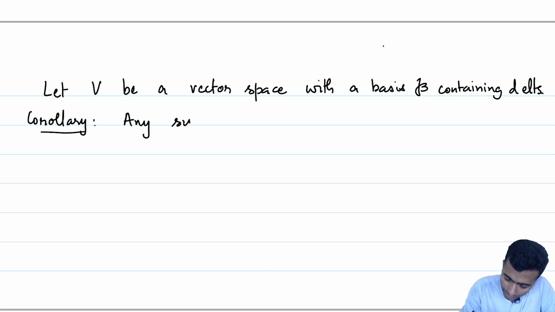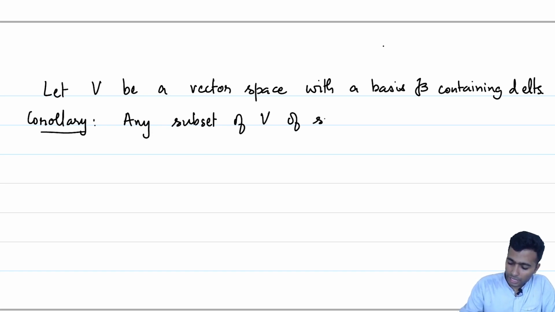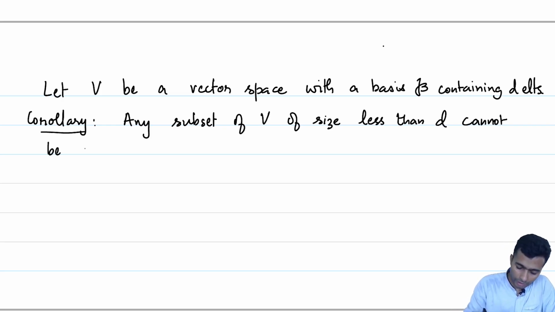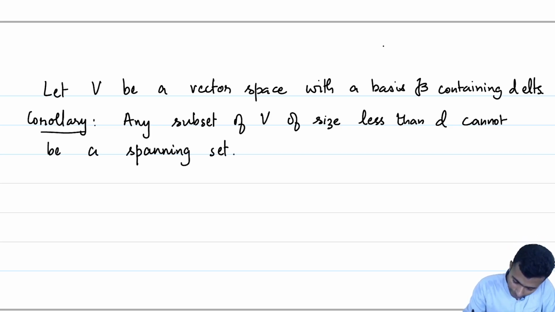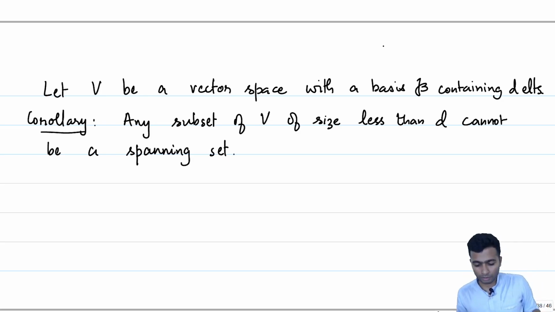Any subset of V of size less than D cannot be a spanning set. Okay, so let us give a proof of this.